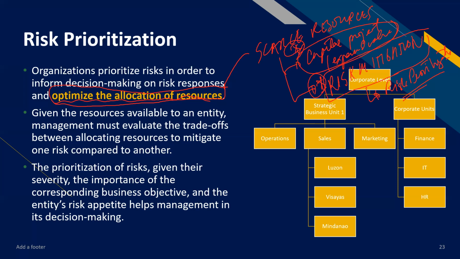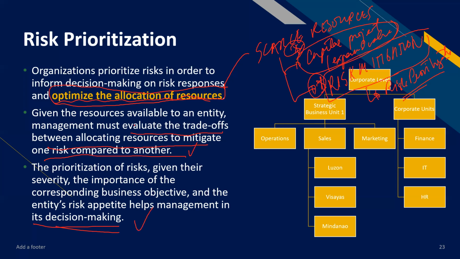Okay? So management must evaluate the trade-offs between allocating resources to mitigate one risk versus the other. And the prioritization of risk, given their severity and the importance of the corresponding business objective, helps management in its decision-making. Okay? So that's the context why risk prioritization is important.